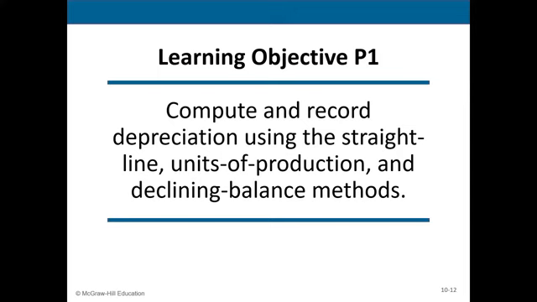So we have three primary methods of depreciating our fixed assets. First is called straight line. The second is called units of production. And the third is called double declining balance. There are other methods out there, but these are the three primary ones and the ones that are recognized by generally accepted accounting principles and the IRS.